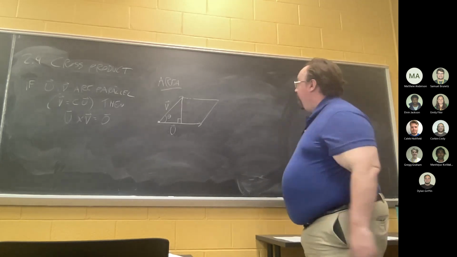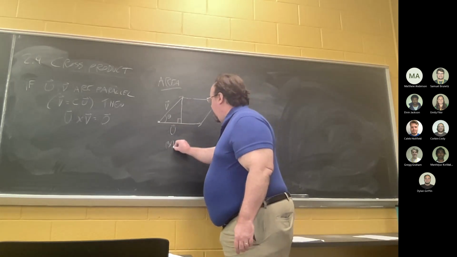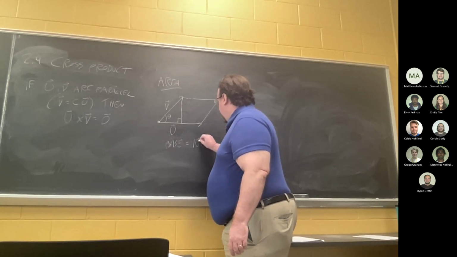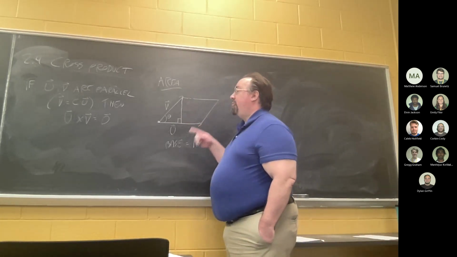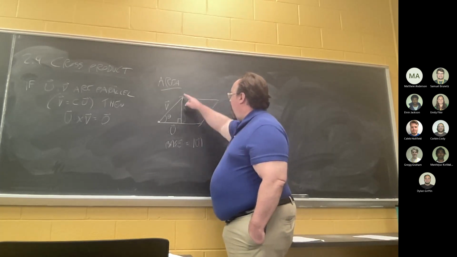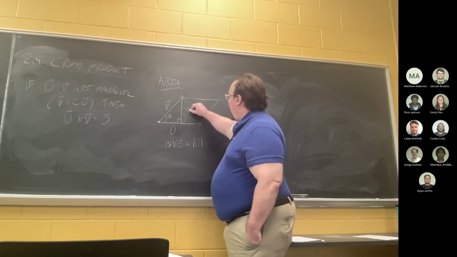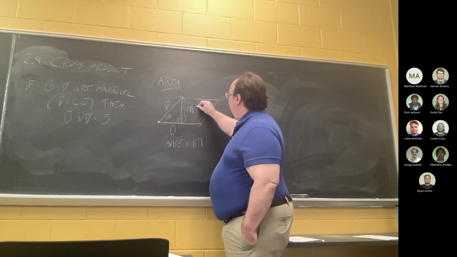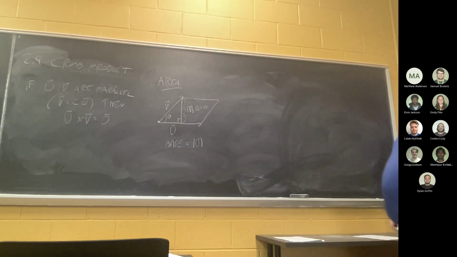So u here is the base. So the base is the magnitude of u. Now for the height, we can use right triangle trigonometry to determine that the height of this right triangle is equal to the length of the hypotenuse, which is the magnitude of v, times the sine of the angle between u and v.